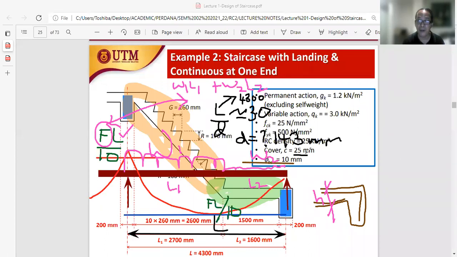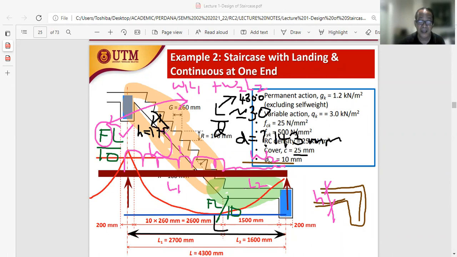So we get 168, around 168 for the value of H. So I could specify that the H value to be used is maybe 175. My H to be 175.